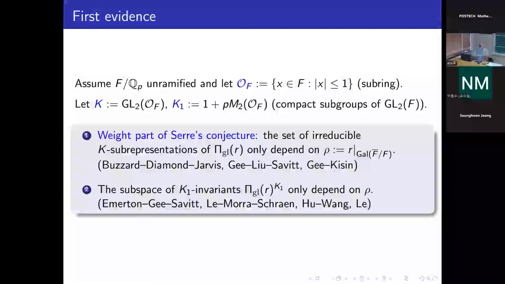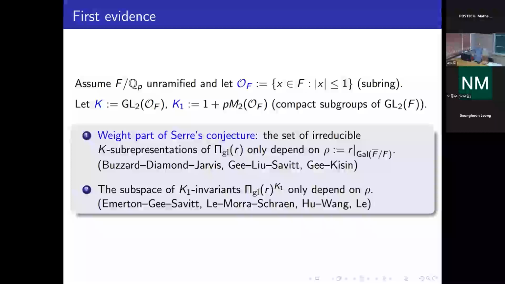Namely, in the first case, it's the irreducible K-subrepresentations. So we restrict this representation of GL_2(F) to this smaller compact subgroup GL_2(O_F). And these irreducible subrepresentations are actually just finite dimensional, whereas this π(ρ) is typically infinite dimensional and difficult to understand. So we just understand some maybe tiny pieces of this representation, but at least those satisfy the hope.